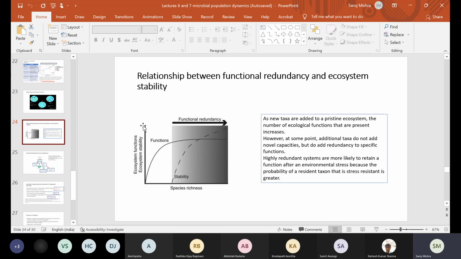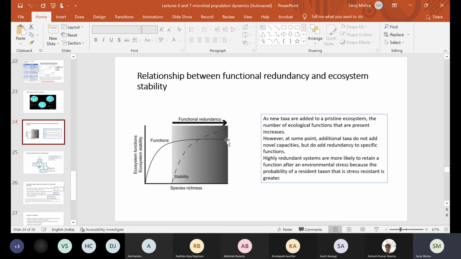Okay, but then does it have any role to play with the stability of that ecosystem? So in this slide, the point being made is that as species richness increases, the functional diversity of the ecosystem definitely increases, but then it kind of plateaus off. After this point, as species richness increases, there is no further effect on the functions likely to increase in the ecosystem.